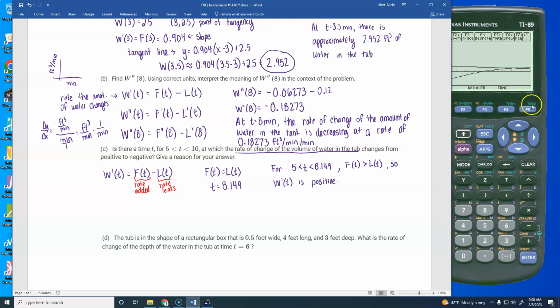Right, so because the rate that the tank is filling up is bigger than the rate that it's leaking, then our rate of overall change is going to be positive there.